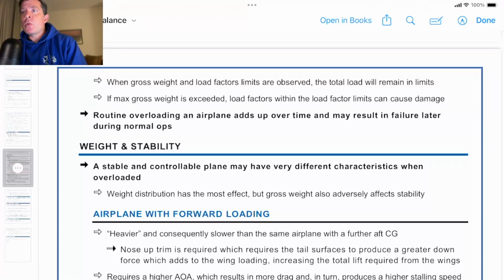If max gross weight is exceeded, load factors within the load factor limits can cause damage. So that's not necessarily on the ground on landing. It could be in turns, a steep turn. Anytime you increase that load factor, you can exceed the structural limits of the aircraft. Routine overloading an airplane adds up over time and may result in failure later during normal operations.